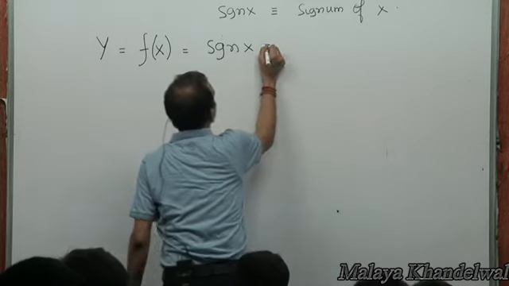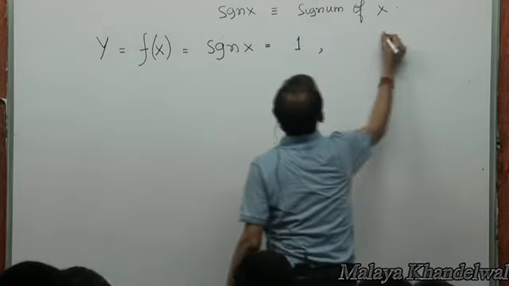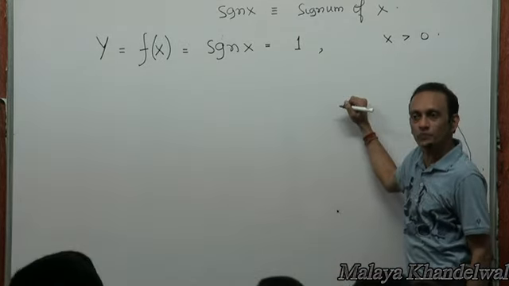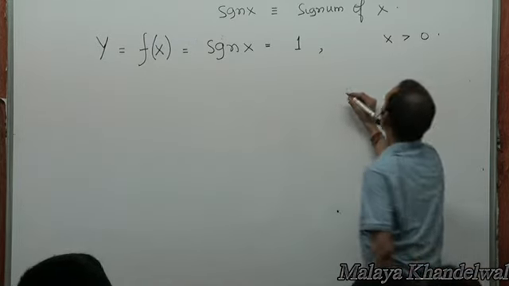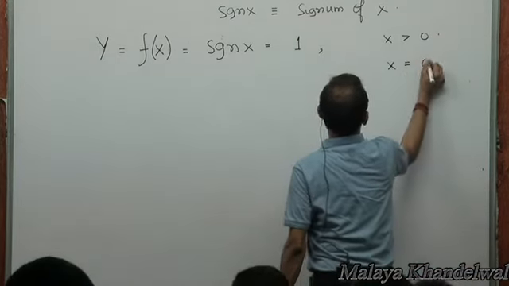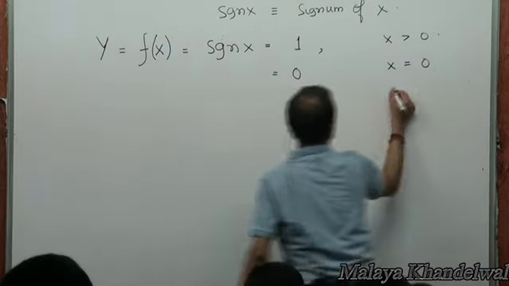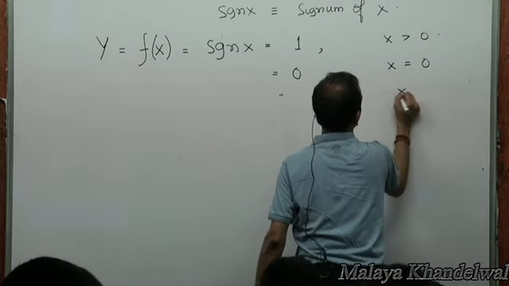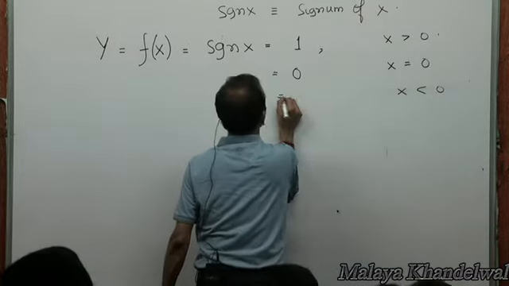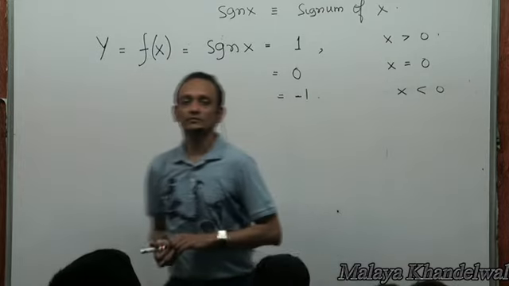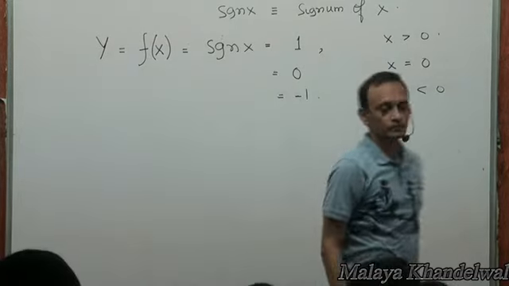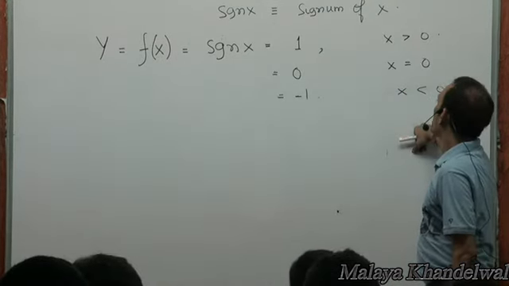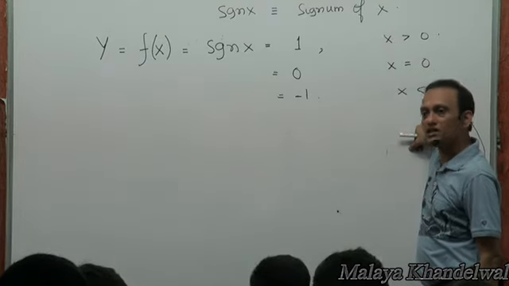Signum x is defined as plus 1 when x is greater than 0. When x is equal to 0, it's defined as 0. When x is negative, it's defined as minus 1. That's signum of x. Plus 1 when x is greater than 0, minus 1 when x is less than 0, and 0 when x is equal to 0.